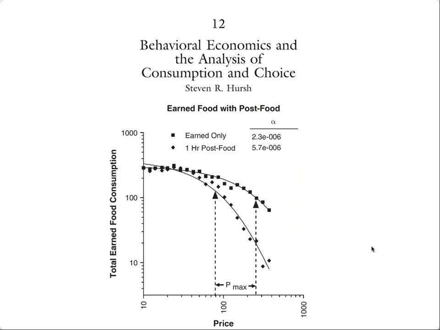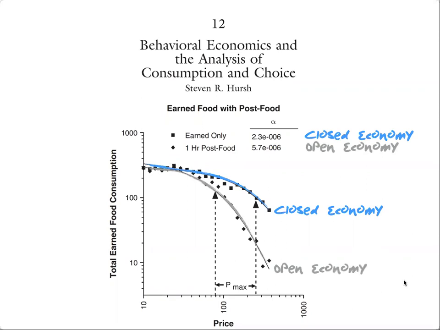And you see this is performance under a closed economy with the square data points, which is essentially they can only earn the food during the experimental session. And then there is an open economy where the organism can earn food for free 1 hour outside of the experimental session. So that's an open economy. And what you see is, just as I had alluded to, theoretically, you see this shift in alpha.